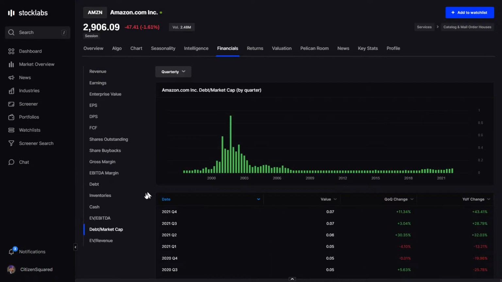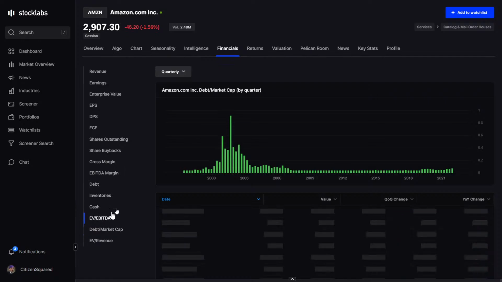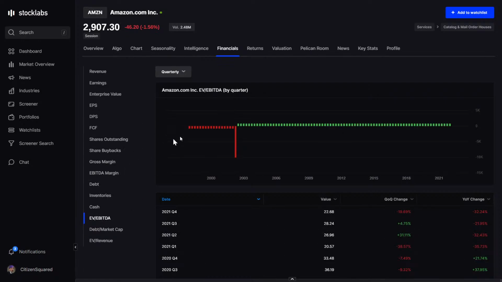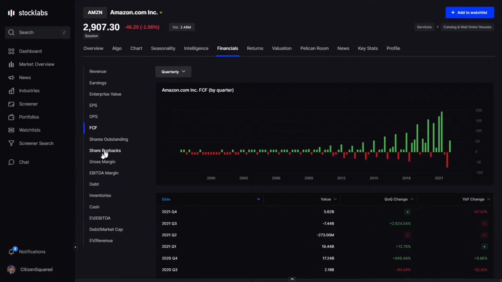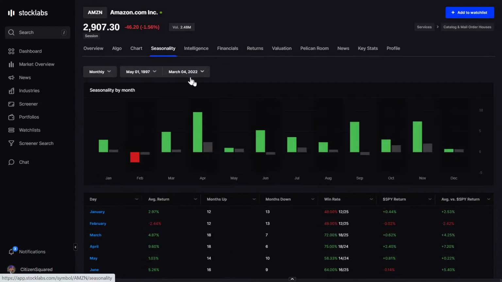Debt to market cap is something Fly prefers over debt to equity. We got EV to EBITDA, which is jacked up because this is such a ridiculous bar. Okay, free cash flow, whatever, you get the idea.